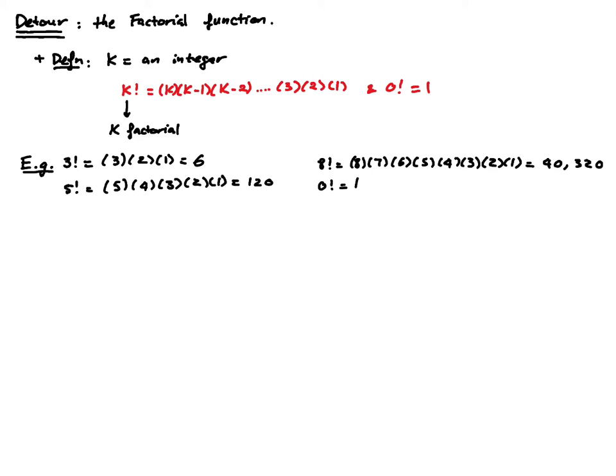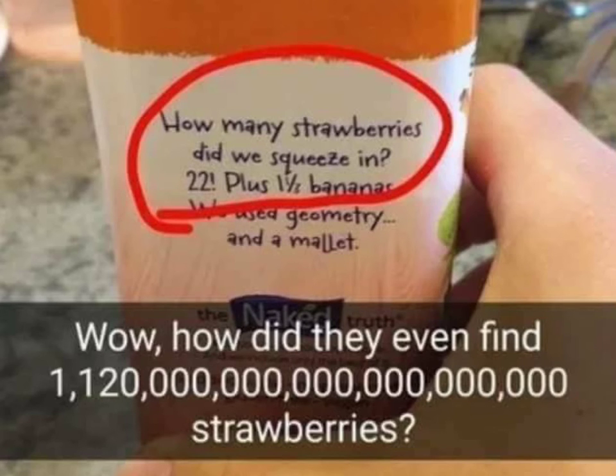Now, you do want to be careful about using the factorial notation. Here's an example. Does anybody know how many strawberries there are in a Naked Juice bottle? Apparently, they told us, which is 22 factorial. Okay, fine.